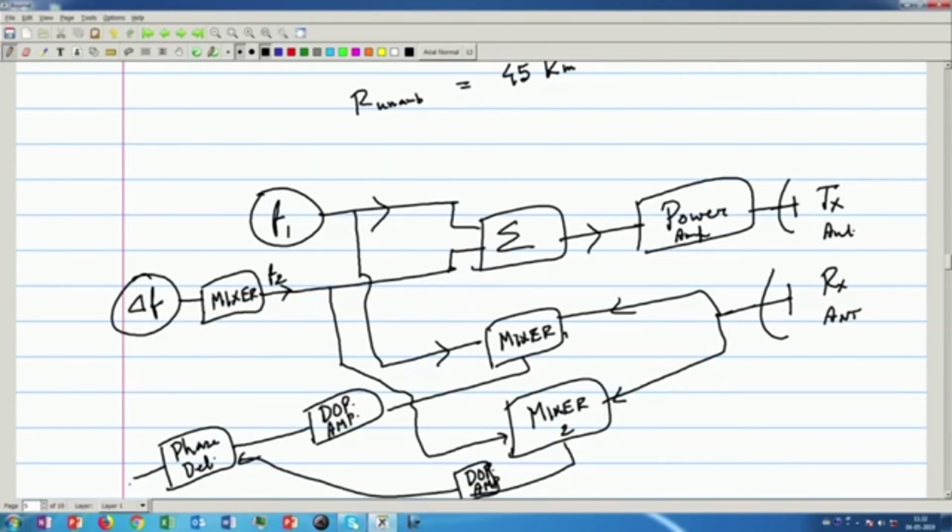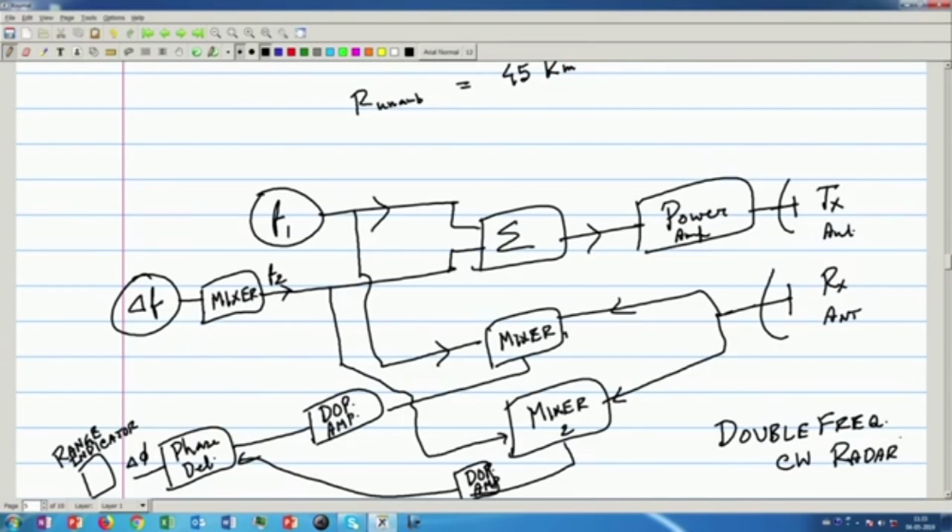This is giving you the delta phi, and then you have a range indicator. You see, it is a simple circuit. Only these two oscillators are new. So, this is your double frequency CW radar.